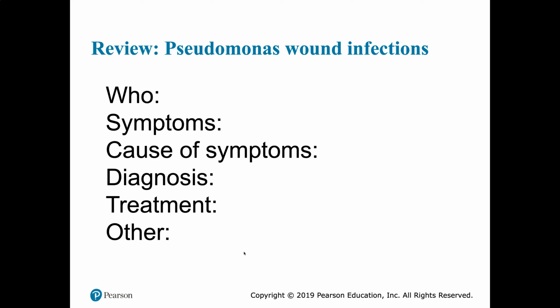So, resistance to antibiotics. How do we diagnose this? Basically, since it's a wound infection, you look at the wound. Makes sense, right? And it makes it a lot easier if all of a sudden you see blue-green pus. That's a clear indication it's a Pseudomonas infection. But it doesn't mean it's always there. So if it's not obvious blue-green pus, what would you do?